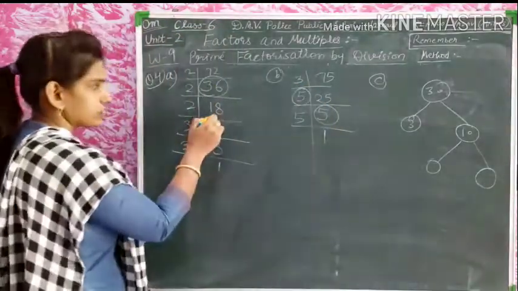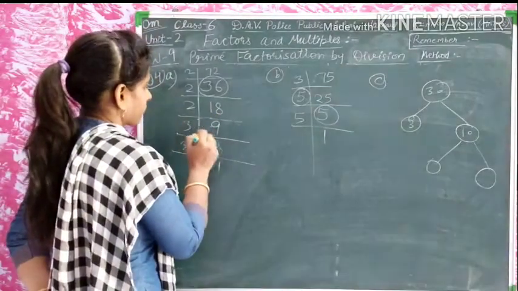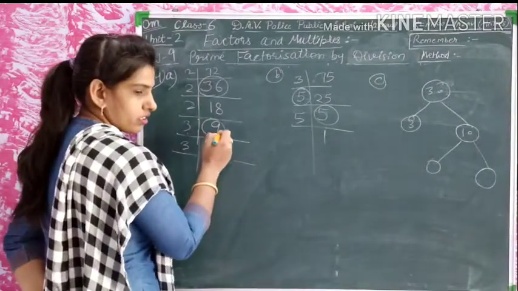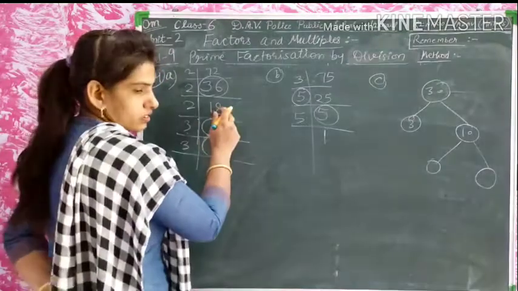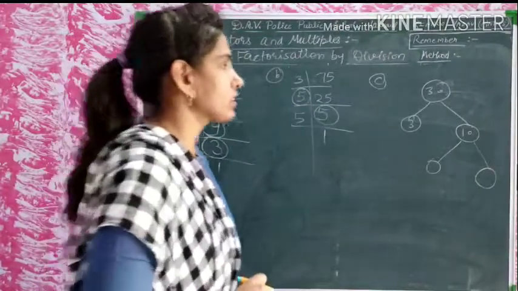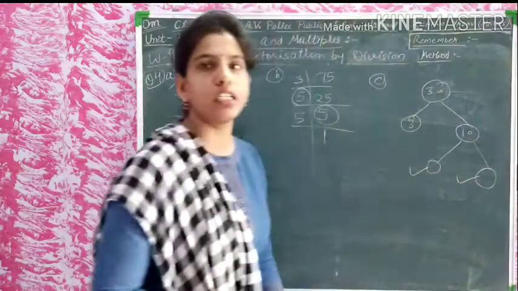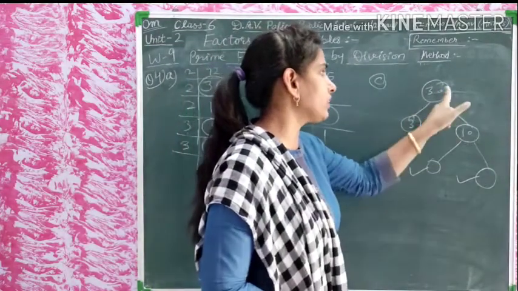And here is 9 and 3. These are the fill in the blanks questions. And here we also have to write the fill in the blanks. 30 is divided by 3. 3 10s are 30.